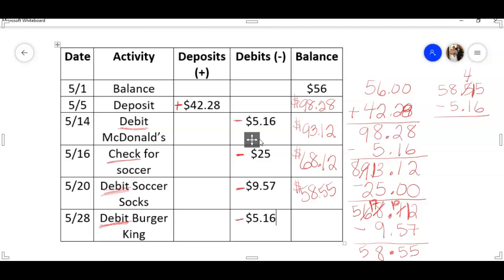So 15 pennies minus 6 pennies is 9. 4 dimes minus 1 dime is 3. $8 minus $5 is 3, and then I have 5 tens. So his ending balance right now is $53.39. Any questions?